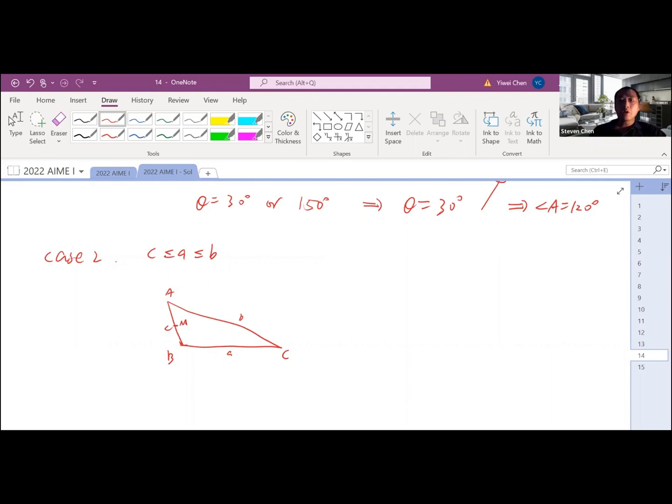And by using a similar trick as what we did for the previous case, what we're going to do is extend AC to a point called B prime, such that BC and B prime C have equal length. So by doing such an operation, we know that X is the midpoint of AB prime.